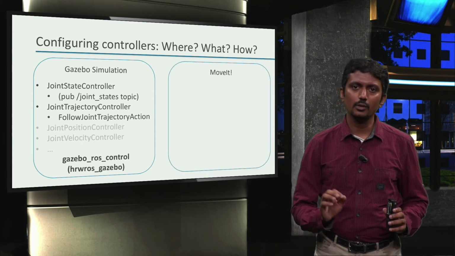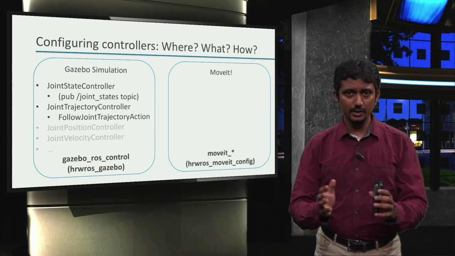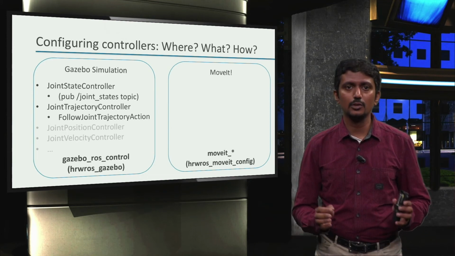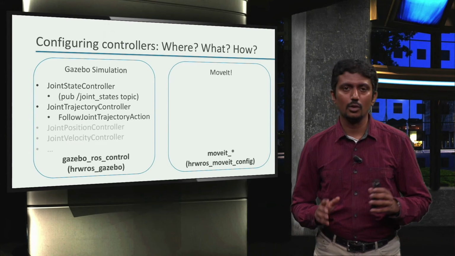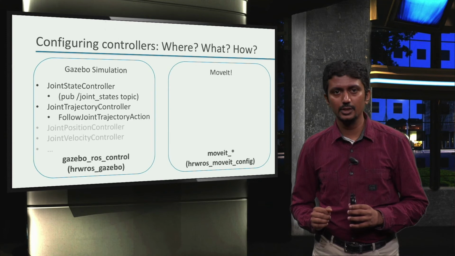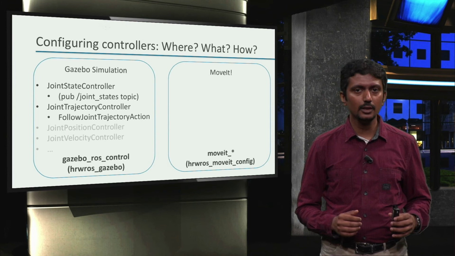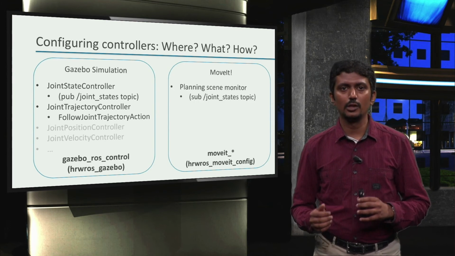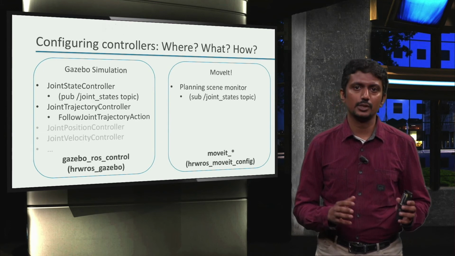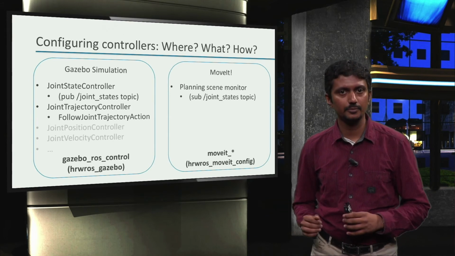Okay, now let's go on to the MoveIt side of things. All the MoveIt magic that we have spoken of in the earlier videos happens in the MoveIt packages that also come with the course installation. Also, in the previous video, we created the hrwros_moveit_config package to enable our ROS application to use MoveIt. And MoveIt has a module called the planning scene monitor that uses the information in the joint states topic to update the positions of things it knows about, such as our robot arms and other objects in the world.